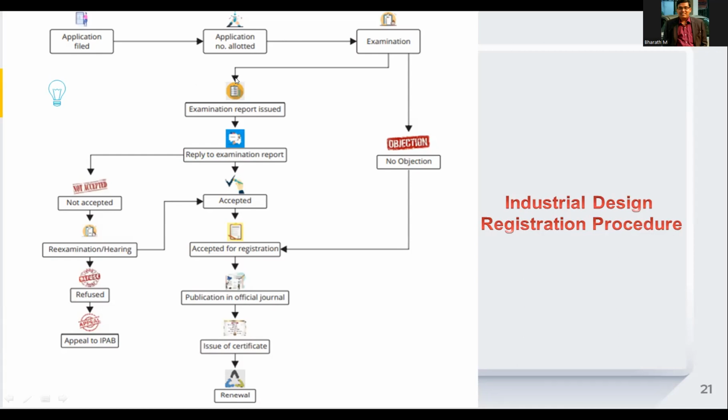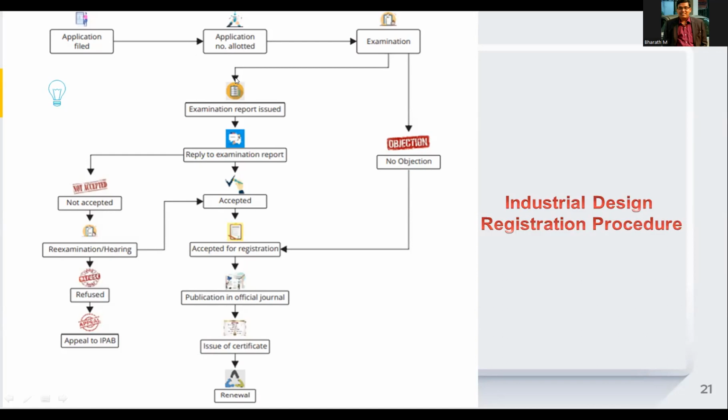So this is the industrial design registration process. Firstly, file the application, get it numbered, then examination will take place. After examination, either an objection will be raised or an examination report may be issued. If the examination report is issued, you have to give a reply to it. In that reply, it can be accepted or it cannot be accepted.